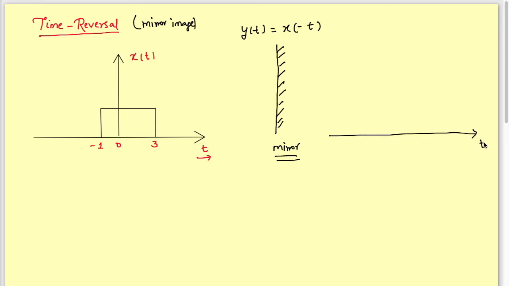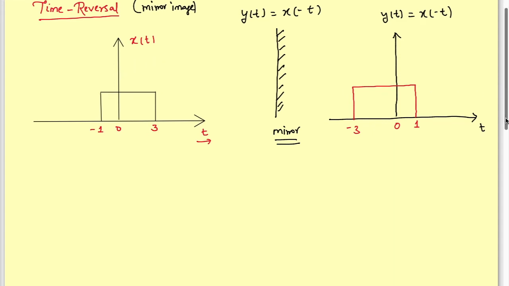This is my axis t, the time axis, and this is my signal y of t, y of t is equal to x of minus t. I will draw with some other color. Since it is 3 here, it will start from minus 3, and it will go to positive 1. This is my 0, and this is my signal x of t.